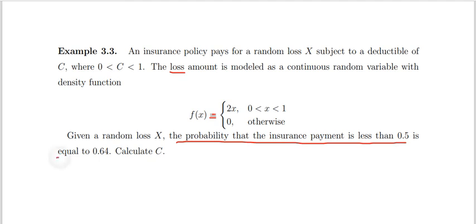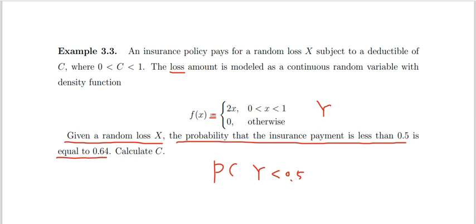So given a loss, meaning a loss happened, let's say the payment is y. So we want to find the probability that y is less than 0.5.